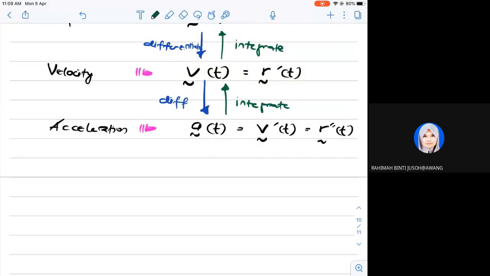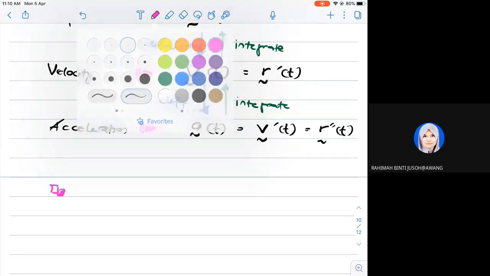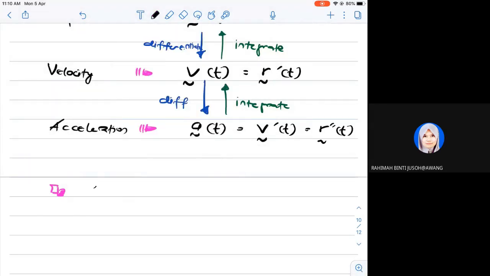And then one more thing is speed. Speed ni something else lah. Speed is equivalent to magnitude of V. Okay, magnitude of velocity.